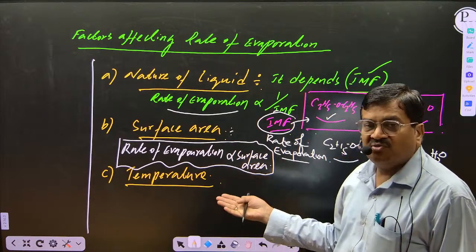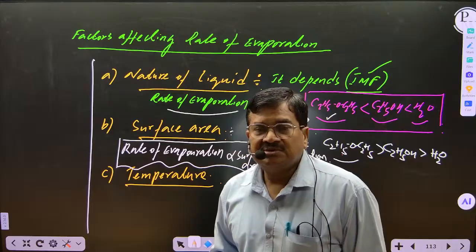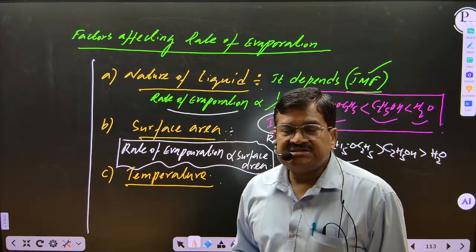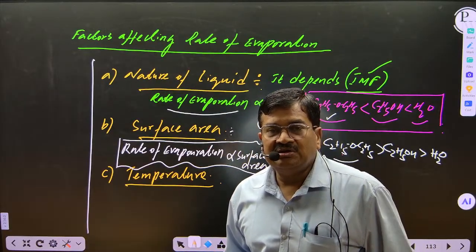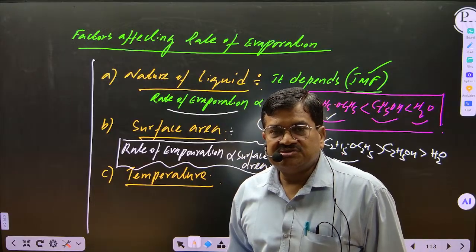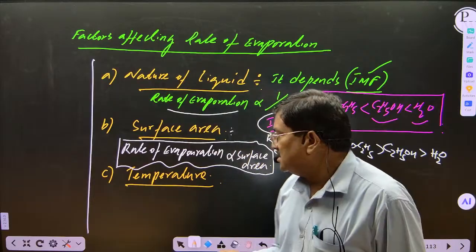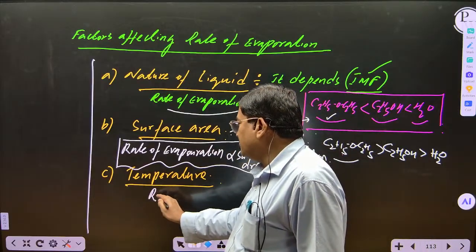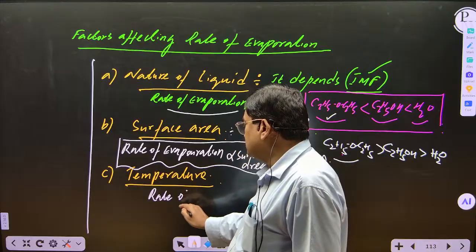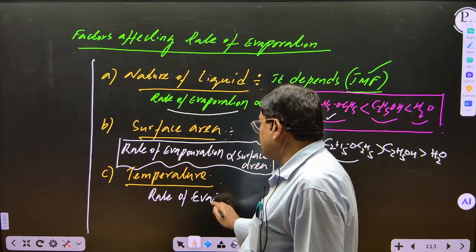Now let us see the influence of temperature. As you know, when temperature increases, what happens to the kinetic energy of the molecules? Kinetic energy increases, no? So more molecules will transform into which phase? Gaseous phase. So here we say the rate of evaporation is directly proportional to temperature.